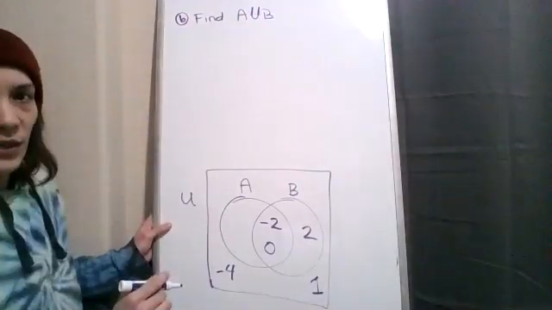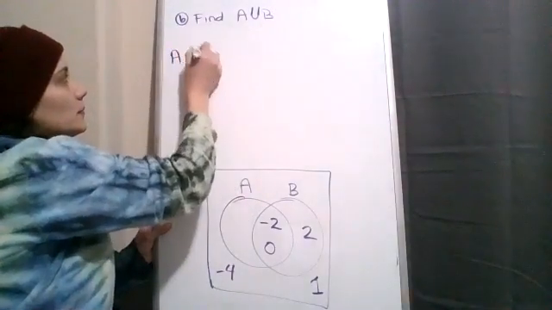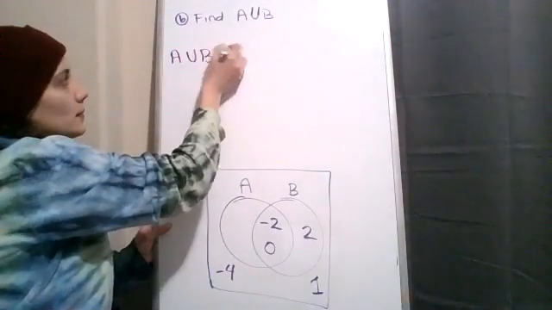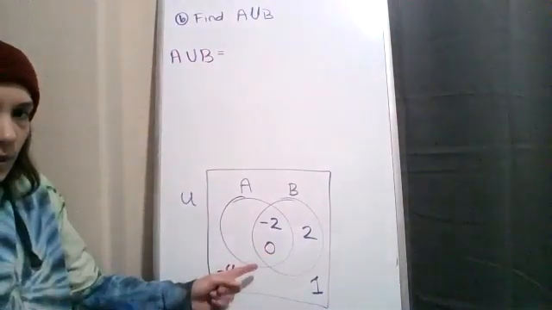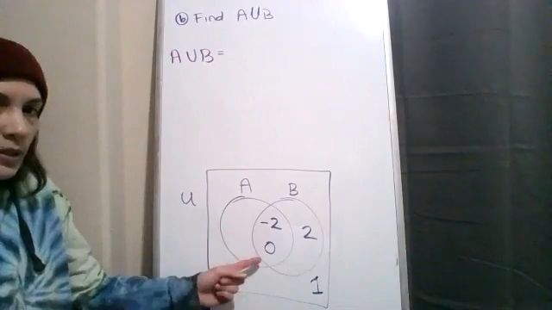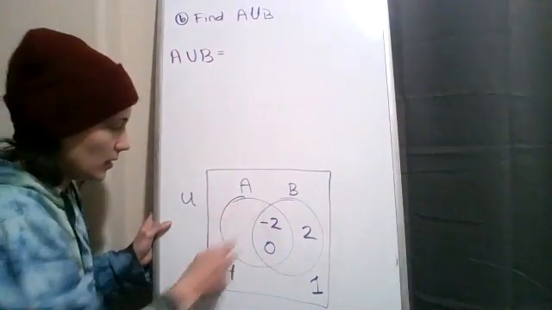Okay, we're going to do A union B. So it can be in A or B or both, which is going to have -2, 0, and 2. If you shade it in, it would be like all this.